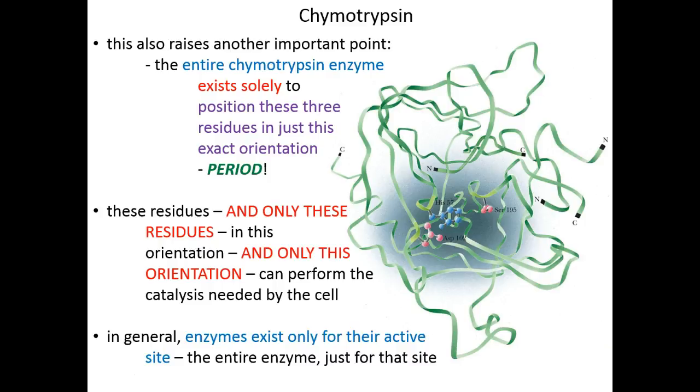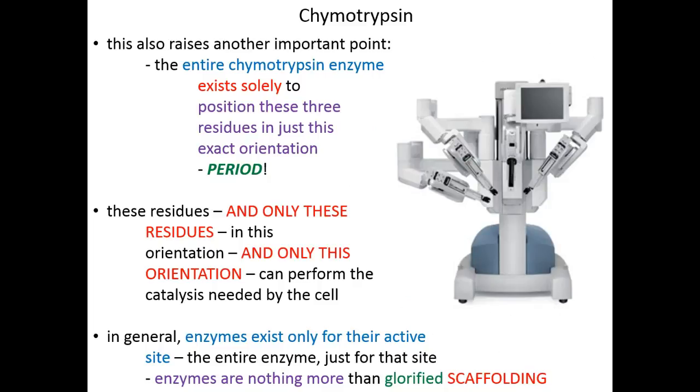Said simply, in general, enzymes exist exclusively for their active sites. The entire enzyme exists to create the active site it contains. The rest of the enzyme, really, is nothing more than glorified scaffolding to achieve that active site.